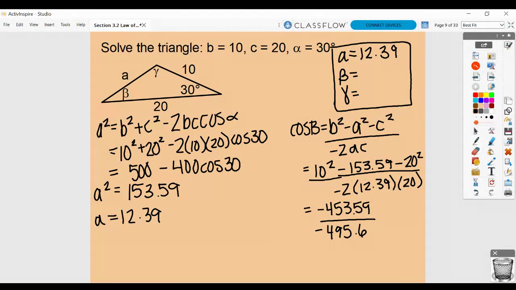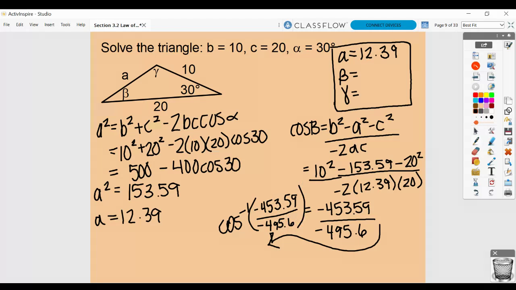Okay, so remember, since you're looking for the angle, you need to do the inverse of negative 453.59 over negative 495.6. So cosine inverse of negative 453.59 divided by negative 495.6.